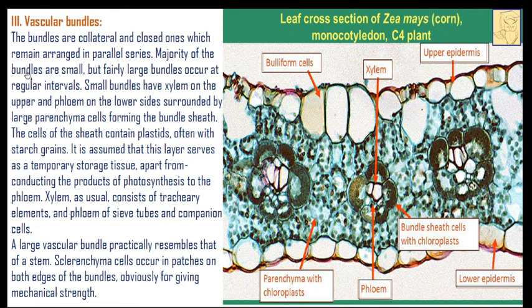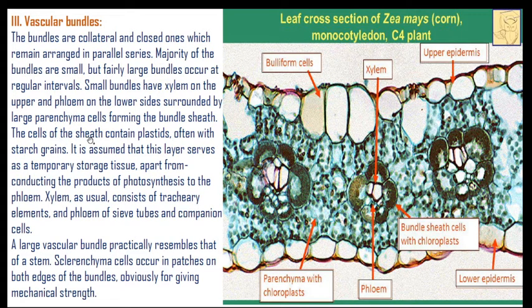The majority of bundles are small, but fairly large vascular bundles occur at regular intervals, and small bundles have xylem on the upper side and phloem on the lower side, which is surrounded by the large parenchymatous cells called a bundle sheath. So this bundle sheath acts like an envelope for the vascular bundles.